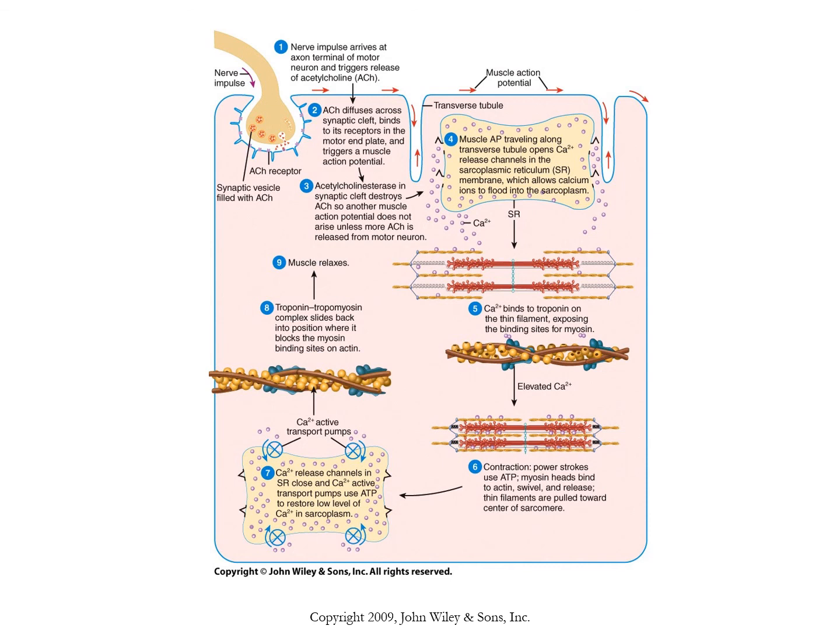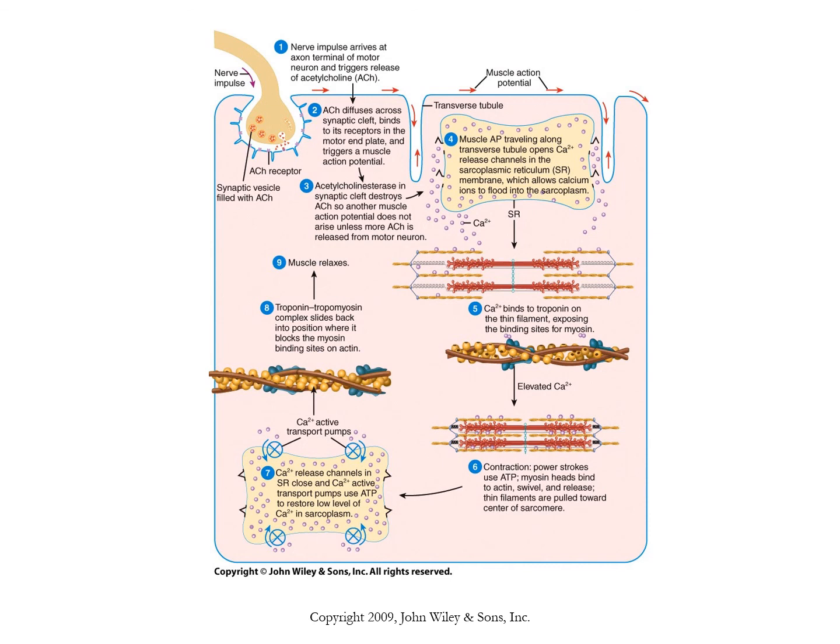And that cycle will continue as long as the calcium is still in the sarcoplasm and as long as there is available ATP to allow for detachment and re-energizing of the myosin head. As we move to the bottom left of the diagram in step 7, calcium release channels in the sarcoplasmic reticulum will close if there is no signal for contraction.